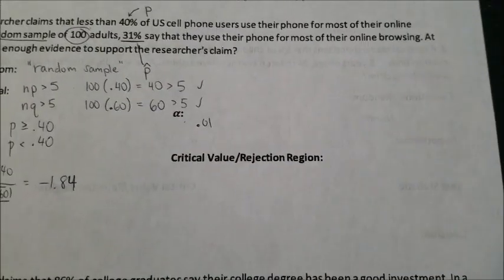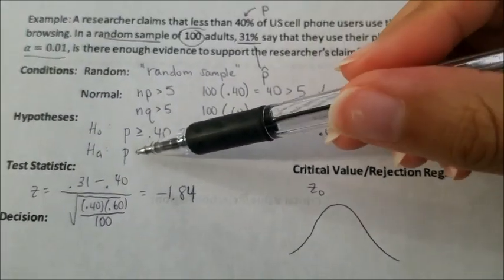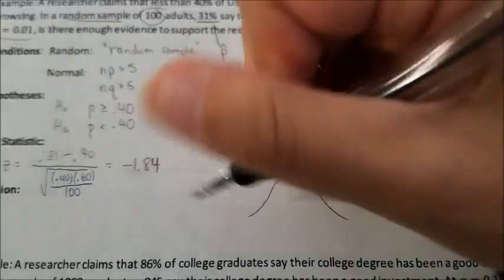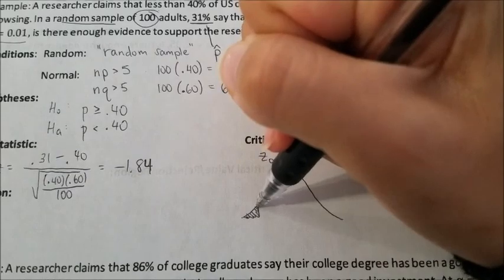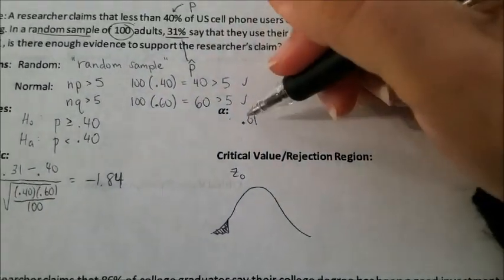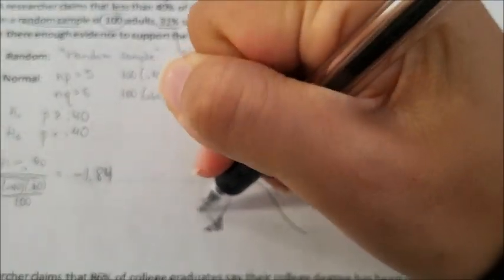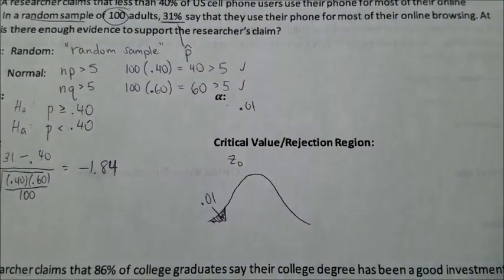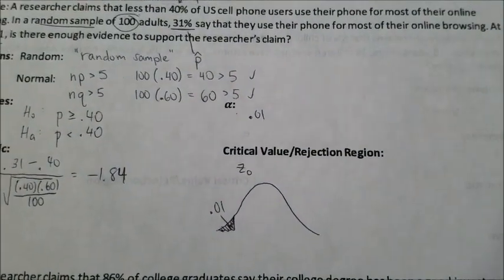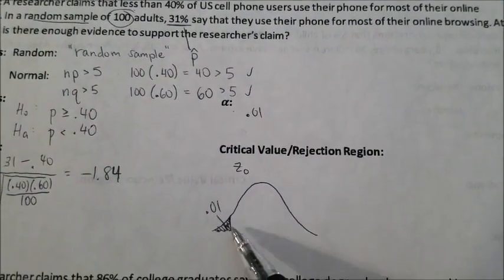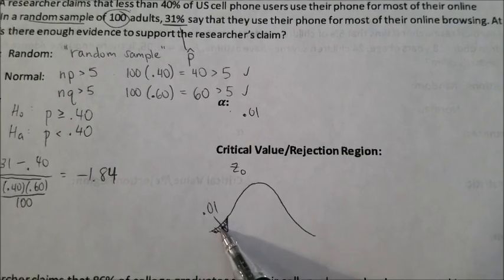Okay, for our critical value rejection region, we're looking for a Z0. So here, in this picture, my HA was a less than symbol, so that means I'm shading to the left. Shaded to the left, my alpha value was 0.01. So that means I need to figure out what z-score has 0.01 below it.